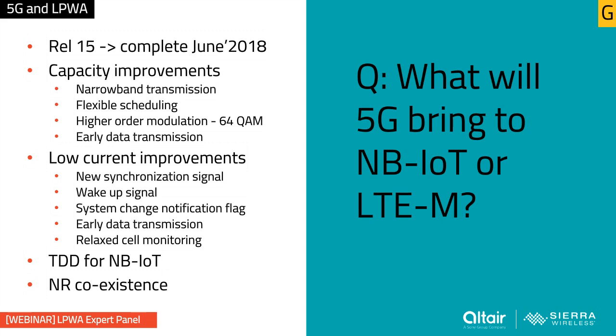LTE-M already did have that, so it didn't need that. So this would be for TDD bands. And then also NR, the new radio access technology, making sure that LTE-M and NB-IoT both can coexist in an in-band way so you can deploy them together in the same spectrum was really important. So that's been added. So hopefully that answers the question.